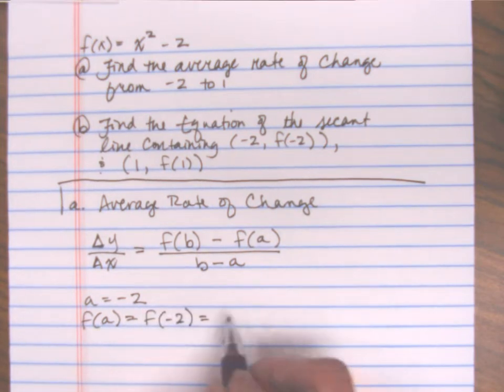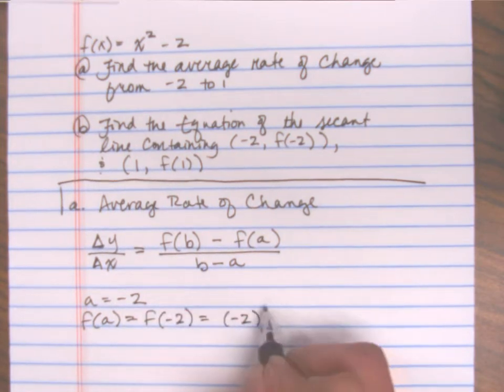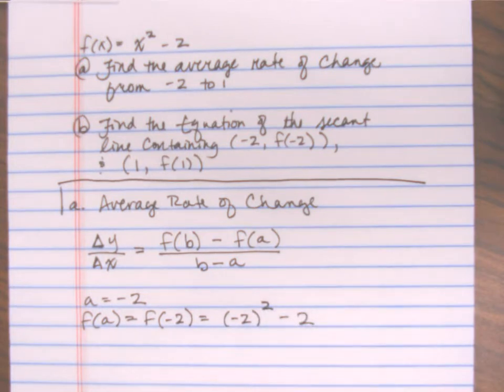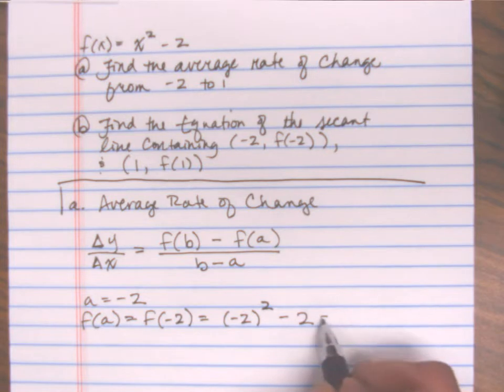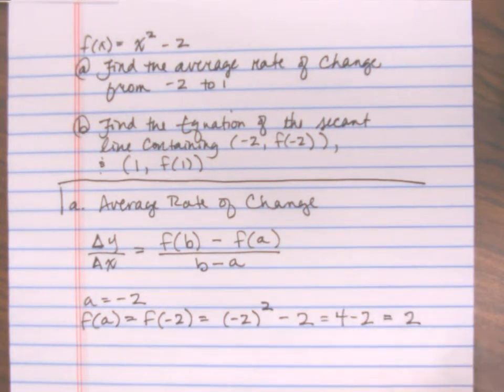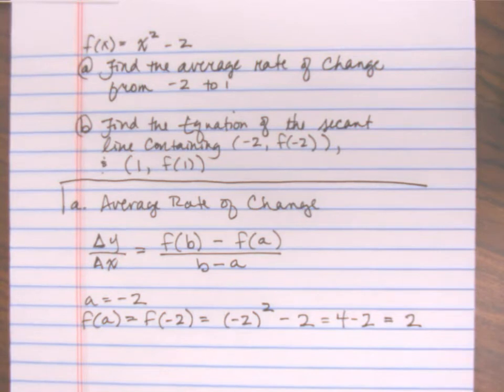So we need to take -2 and plug it into our function. So -2 squared minus 2, that gives me +4 minus 2, which just equals 2. So I have here -2, 2 as a point.